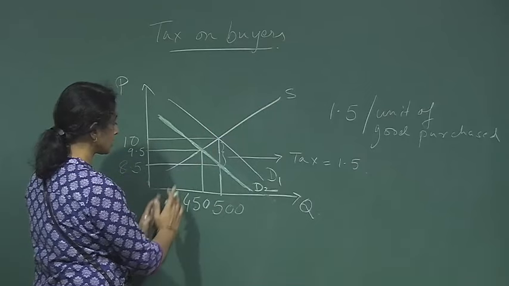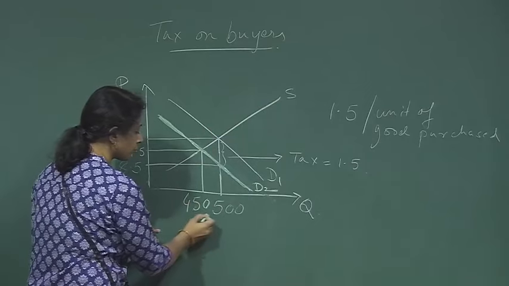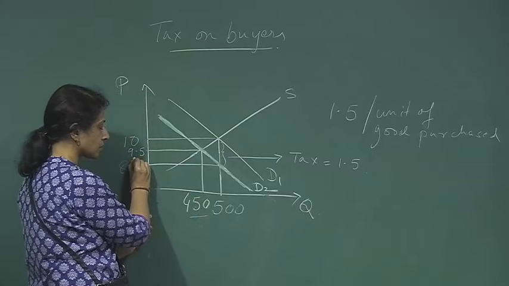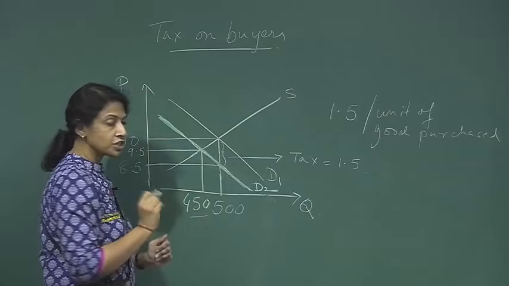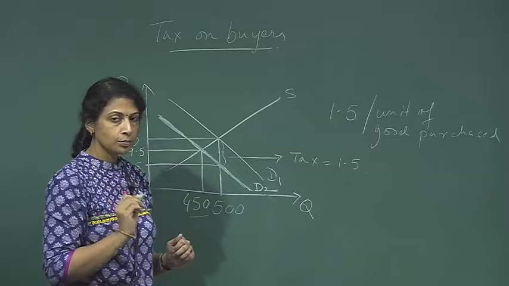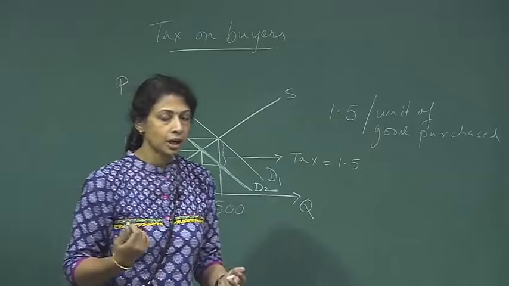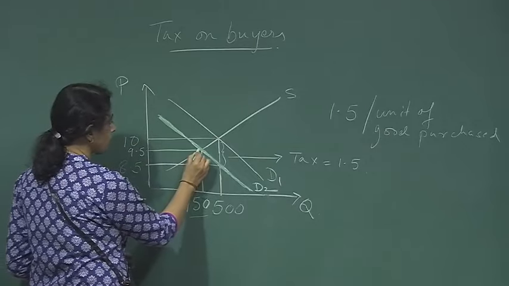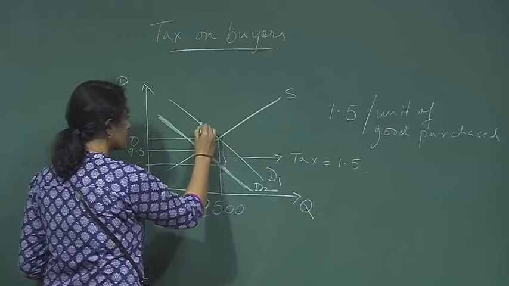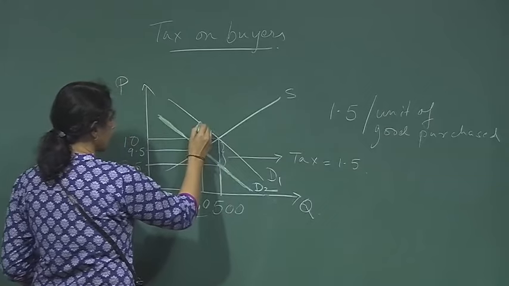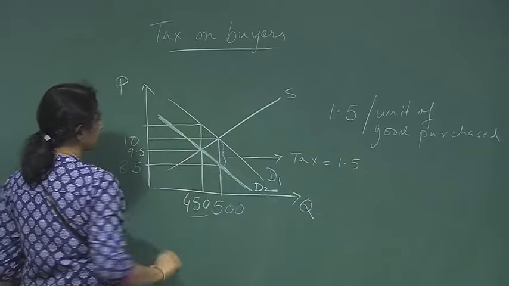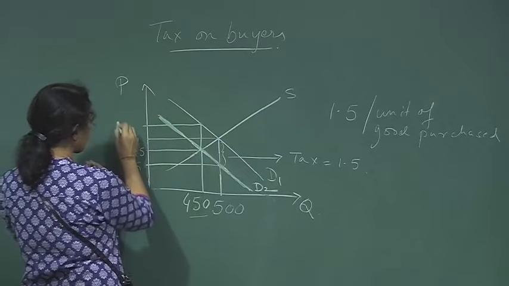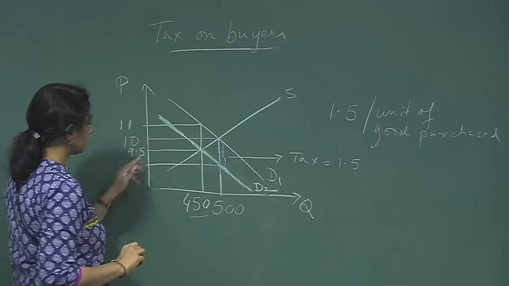The supplier is selling 450 units and receiving a price of 9.5, and how much does the buyer end up shelling out? He ends up shelling out this 9.5 plus a tax of 1.5. So, 9.5 plus 1.5 is 11.